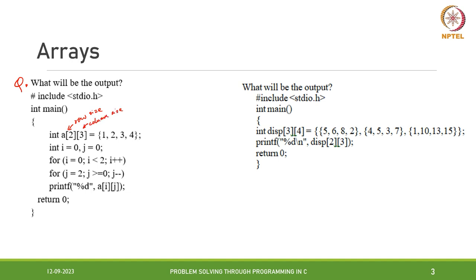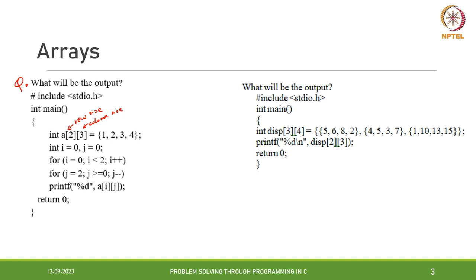So this array should have a total of 6 elements, right? Now, here you have the row size and the column size, that is 2 and 3 respectively. So you have defined a 2D array and you are initializing it to some values.